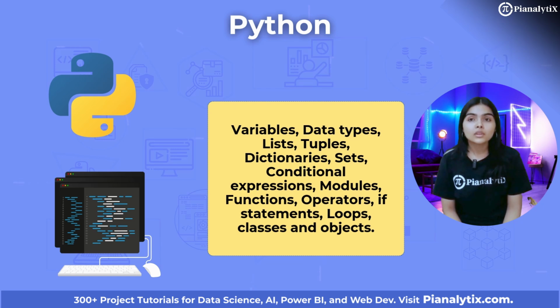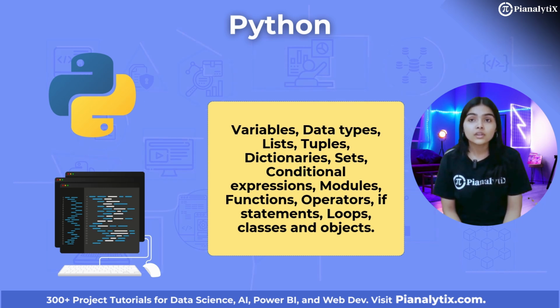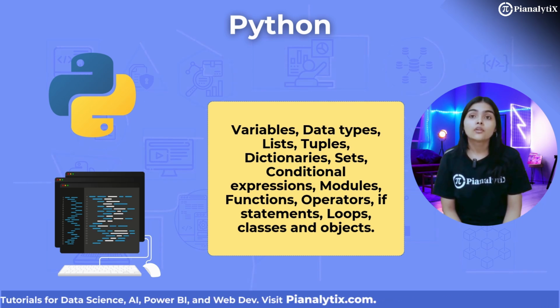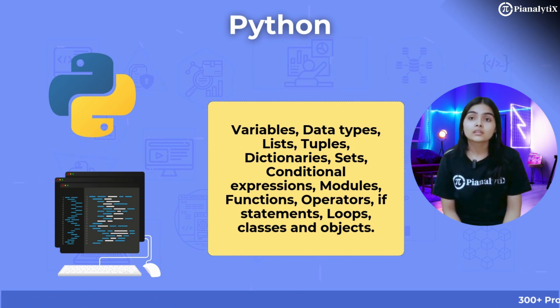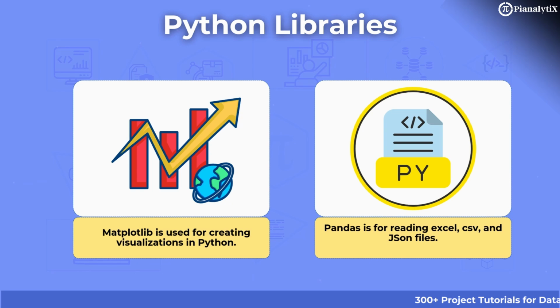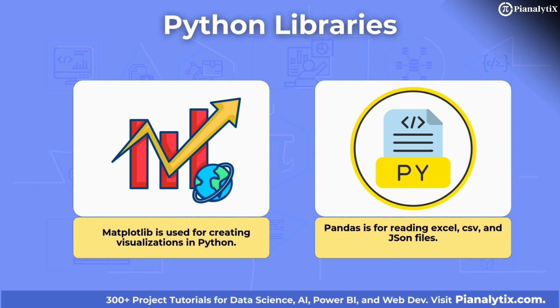So, start with the basics like variables, data types, lists, tuples, dictionaries, sets, conditional expressions, modules, functions, operators, if statements, loops, classes, and objects. Then you mainly need to learn two Python libraries, pandas and matplotlib.